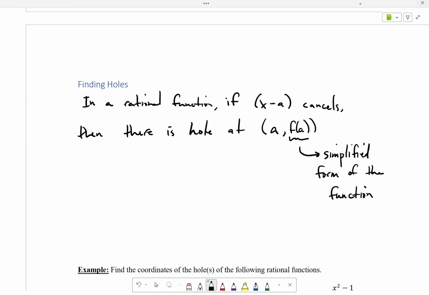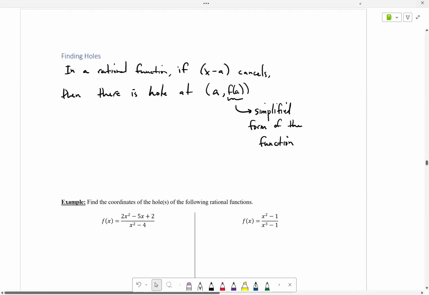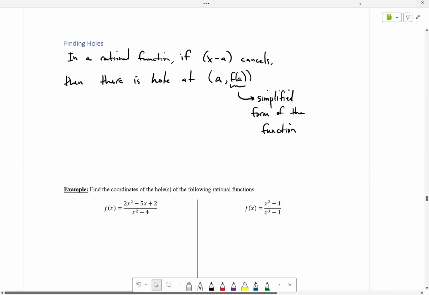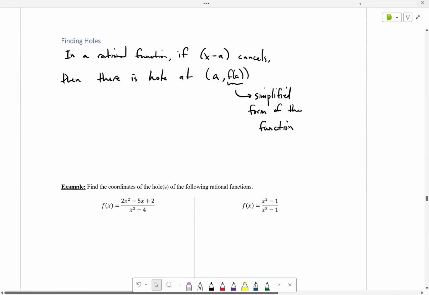Because technically that a isn't even in the domain, so it's being a little bit naughty, but we were able to make it so that we could plug in that number. So I'll give you a moment to work on these two examples.